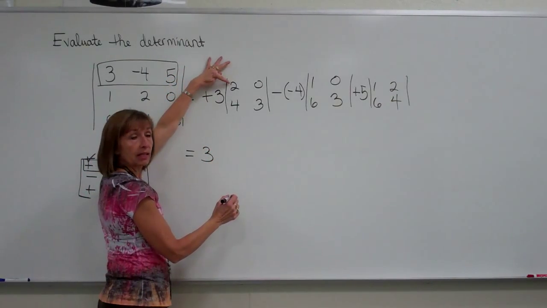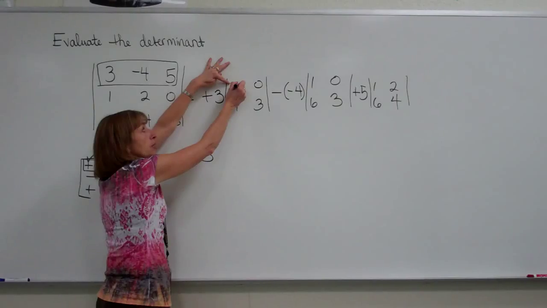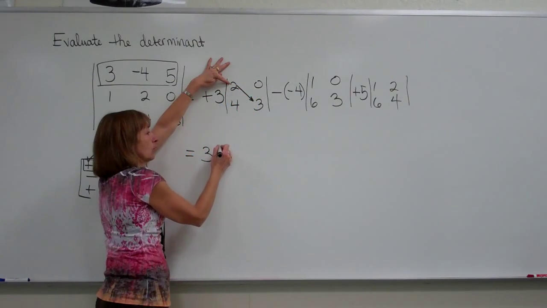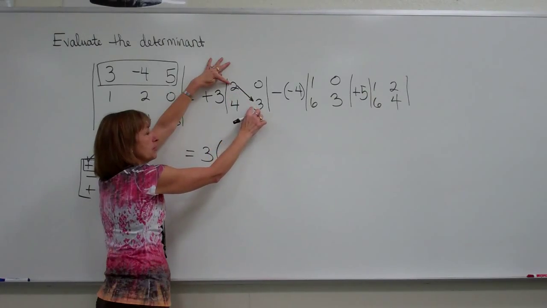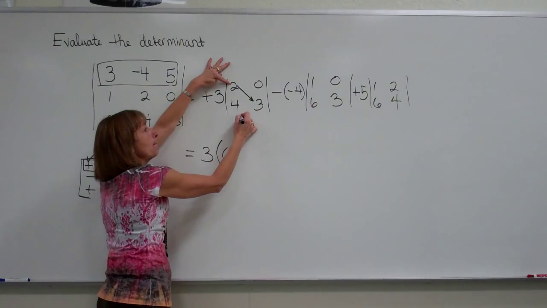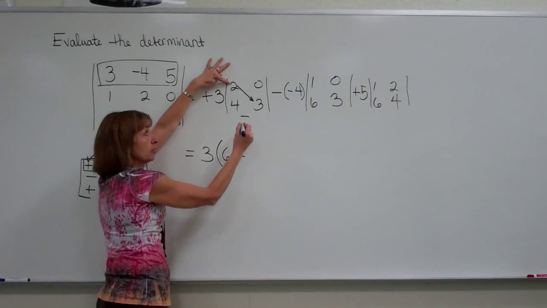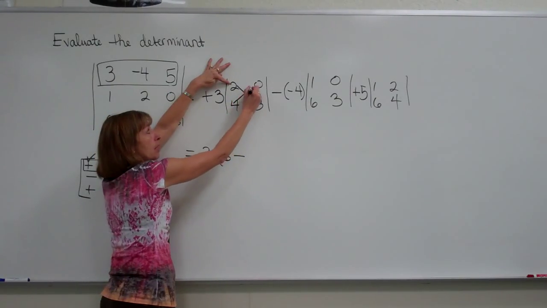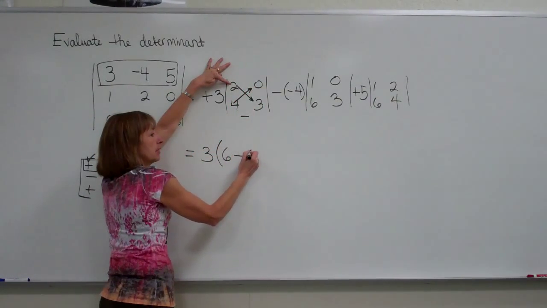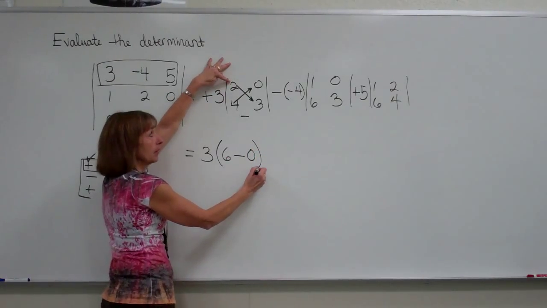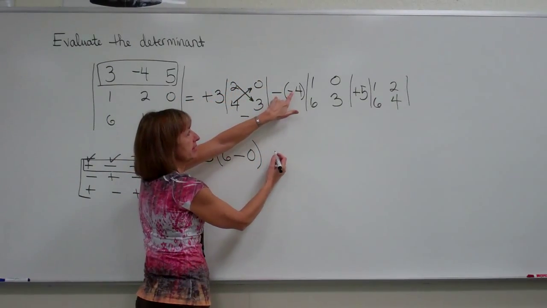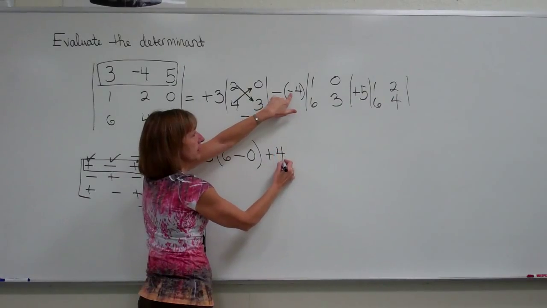The determinant of a 2 by 2 is you multiply the numbers from the upper left-hand corner down to the lower right-hand corner. So that's 2 times 3 or 6, minus multiplying the numbers from the lower left to the upper right. 4 times 0 is 0. And then we have minus and -4, so plus 4.